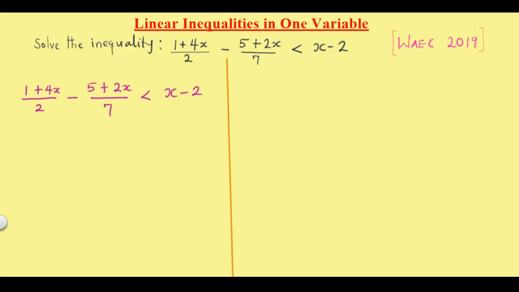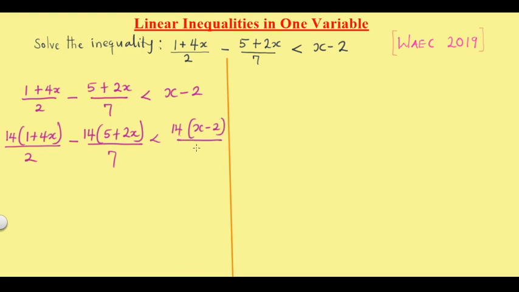So can we multiply 14 by each term in the inequality? Multiplying 14 by each term, we have 14 multiplied by 1 plus 4x divided by 2, minus 14 multiplied by 5 plus 2x divided by 7, less than 14 multiplied by x minus 2 divided by 1.